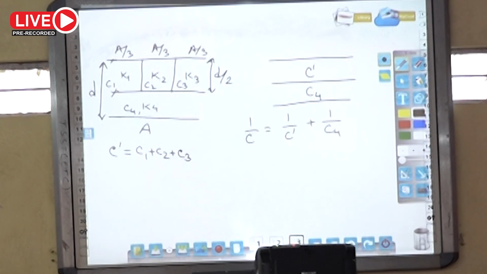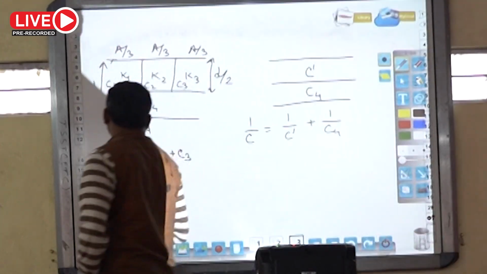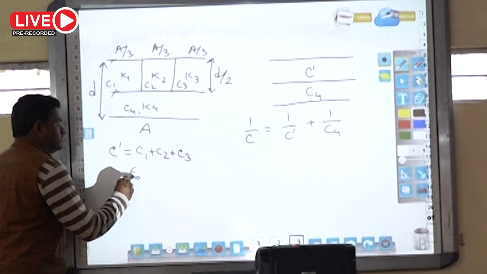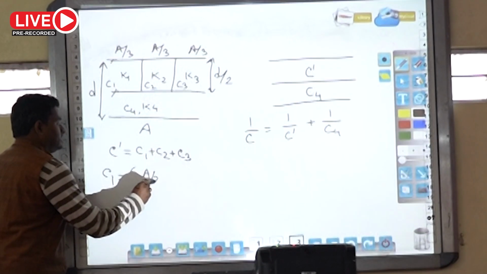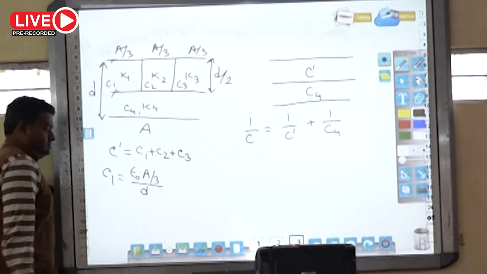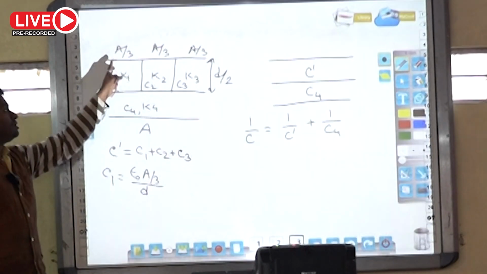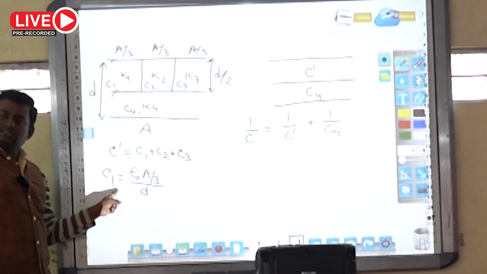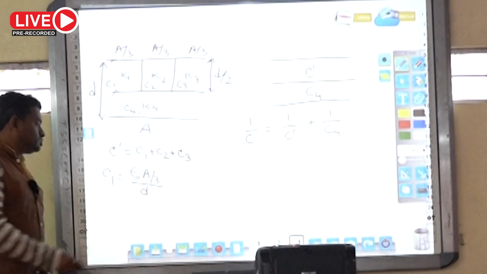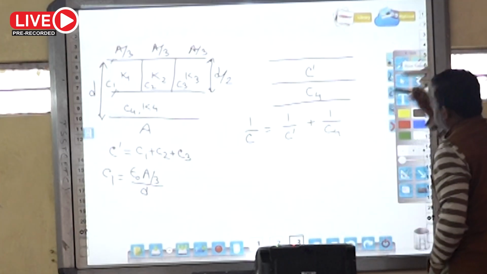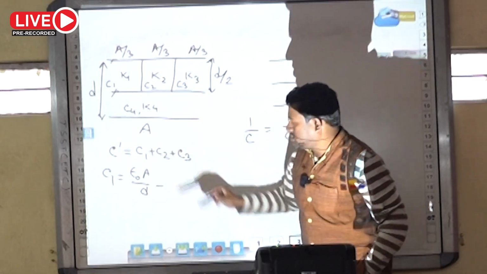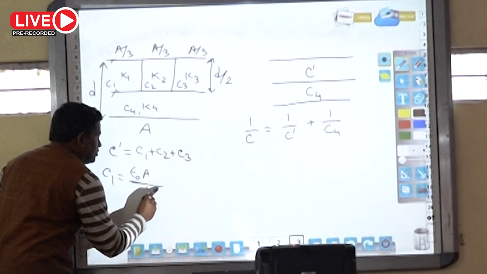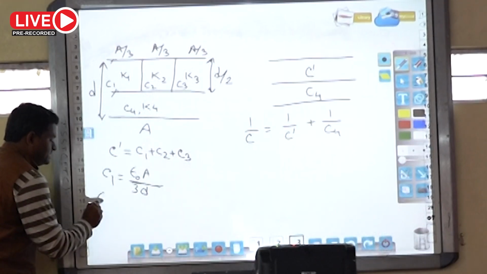Now, what is C1? C1 is epsilon naught A by 3 by d. This is the expression for C1. Clear? So actually I can write this 3 in the denominator, so it is actually epsilon naught A by 3d.